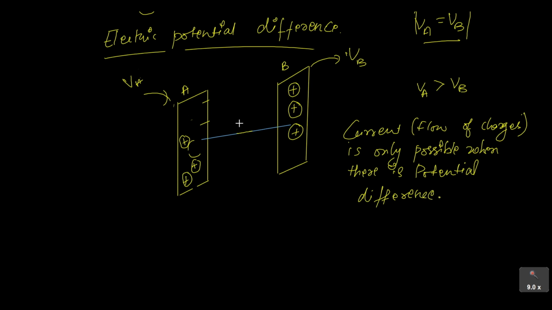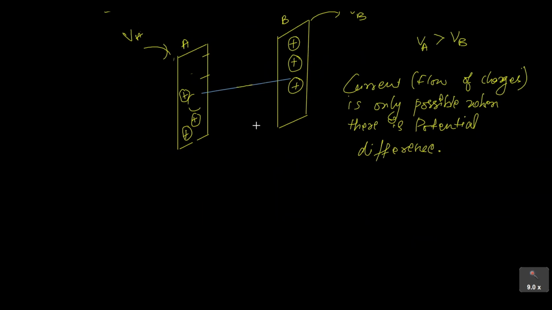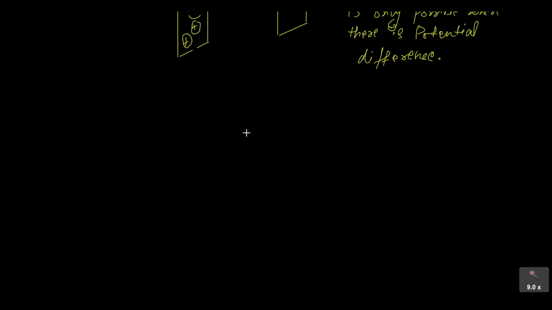Like in the first case, we have some potential difference, but after the flow of charge, when both the conductors have the same number of charges, there is no potential difference. But our discussion does not end here, due to the fact that in nature there are two kinds of charges.